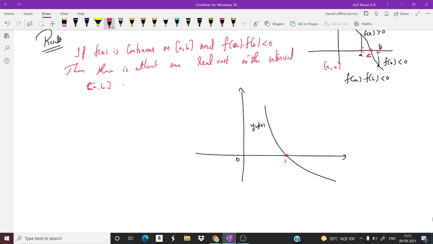Let it be s. I want to find an approximation. Now what I am doing is this point is a, and this is b. So this is a, f of a, and this is b, f of b.